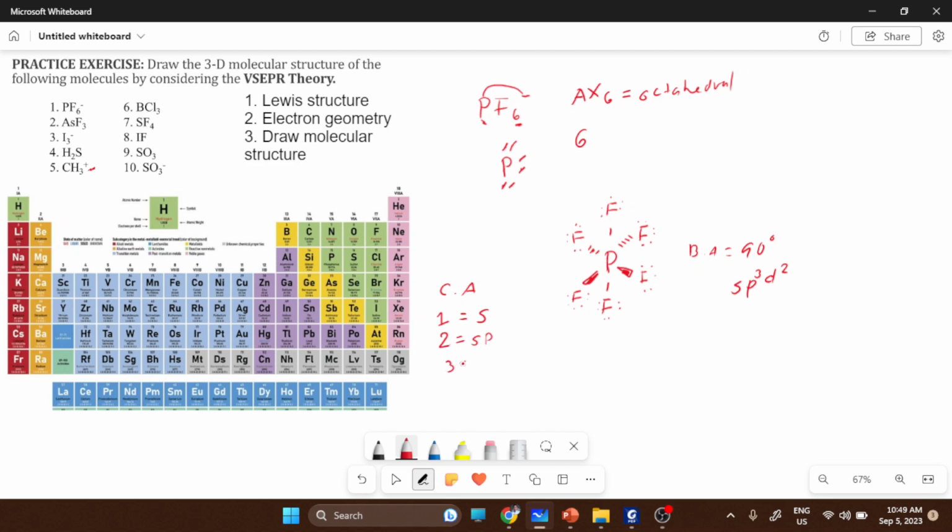When 3, it is sp2. When 4, sp3. Recognize the pattern: when 5, this is where our d orbitals come in, sp3d. When 6, it is sp3d2. Remember, you consider the lone pairs here as non-bonding pairs.